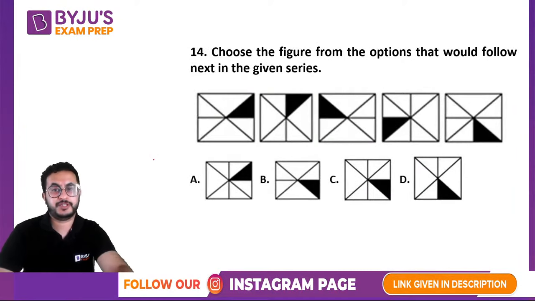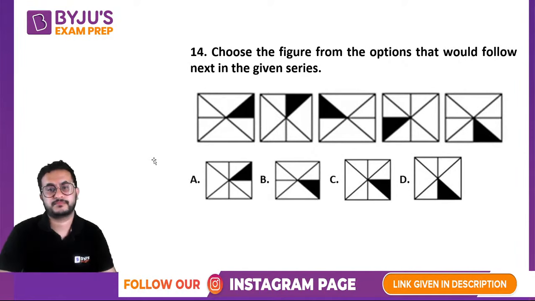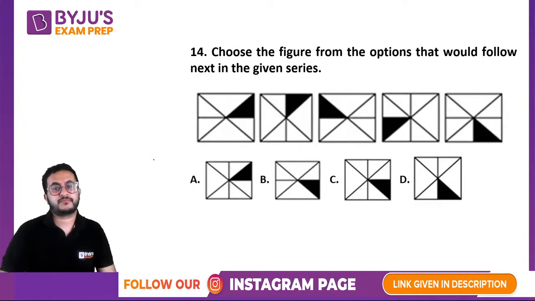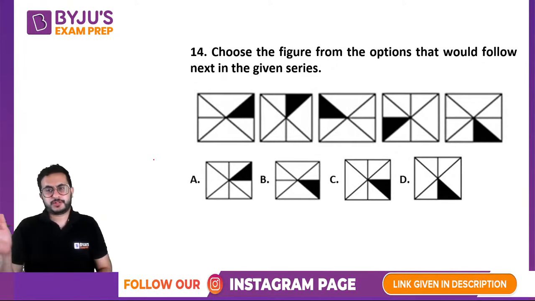You have to find which will follow the next series. One is your diagonal partition, then we have a horizontal or vertical partition.